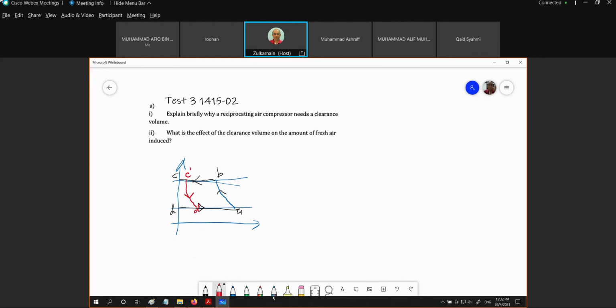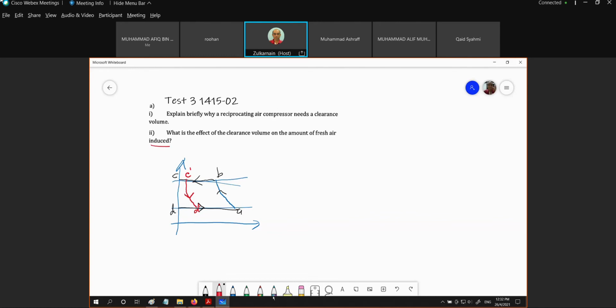It's asking for the amount of fresh air induced, which is this condition. So without clearance volume, the amount of air induced is A minus D. With clearance volume, now it becomes A minus D prime.